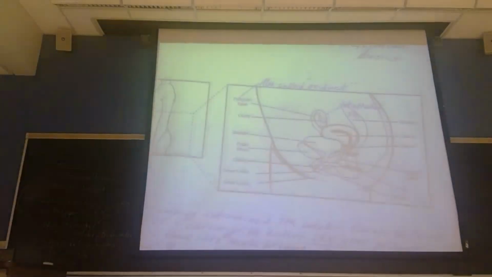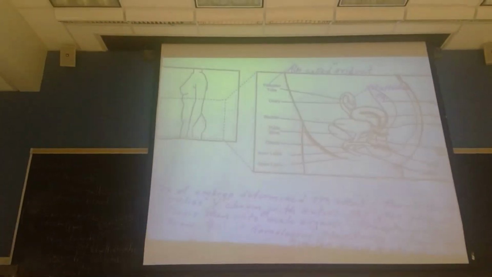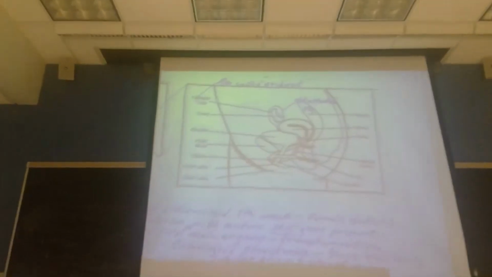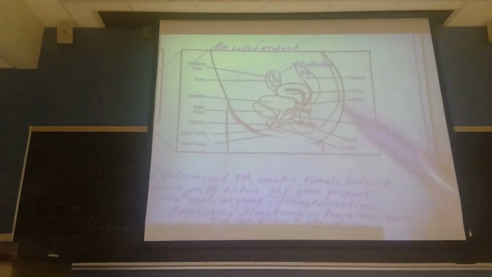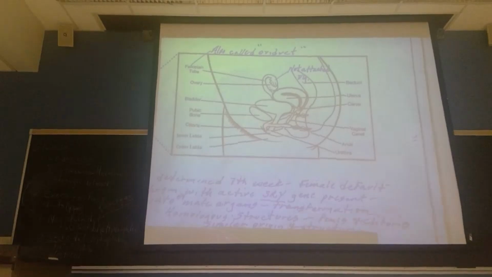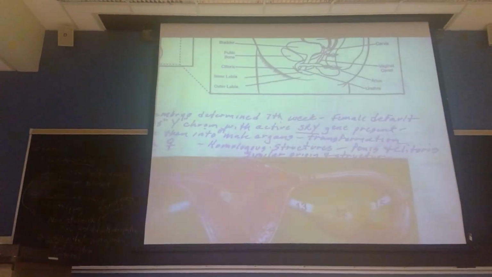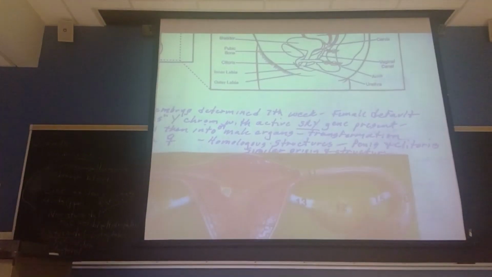Okay, the first one up on this page is the female. We're primarily interested in anatomy and what certain parts do. And this is taken from the side, of course. And I have a reminder here that says the sex of the embryo is determined in the 7th week of development, and I've mentioned that before.